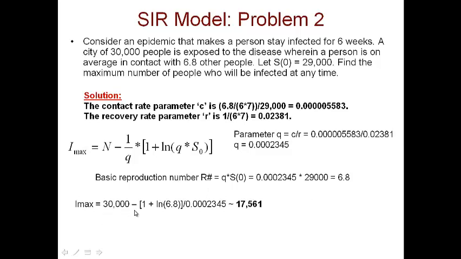So 30,000 minus 1 over this, 1 plus log of 6.8, divided by 0.000235, and if you do the math, you get 17,561. So out of 30,000 people, the maximum number of people who will be infected at any time is 17,561, and the basic reproduction number is 6.8.